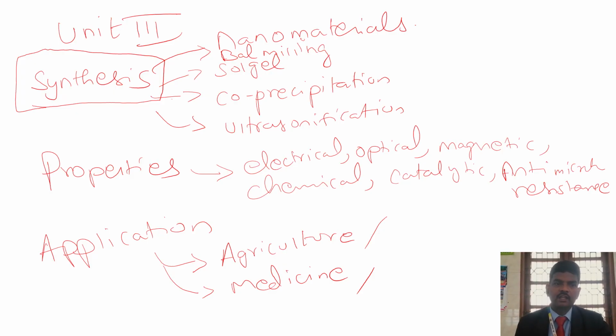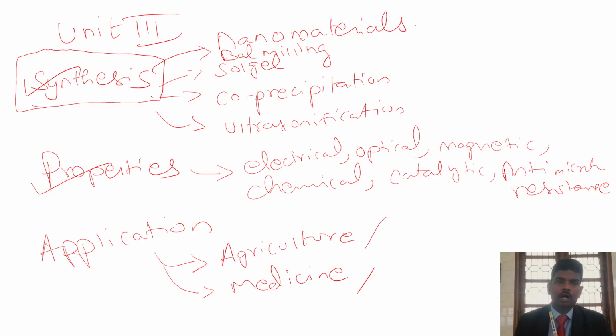So focus on any two. Either you learn synthesis and properties first, or synthesis and application. You keep synthesis as a common parameter, then either properties or application. I never say you can skip this.